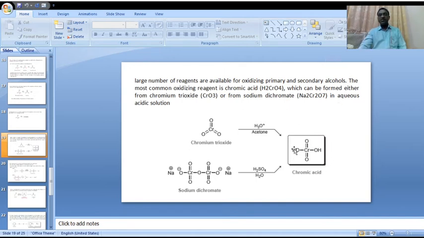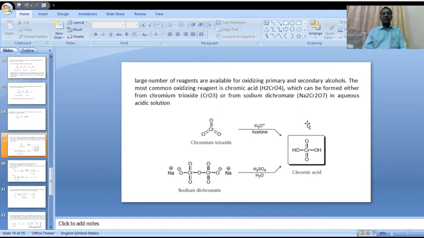Please observe, this is the general formula of chromic acid, H2CrO4, with four oxygens.